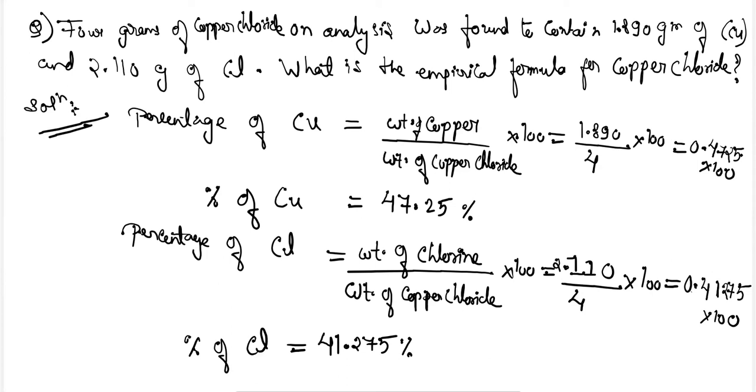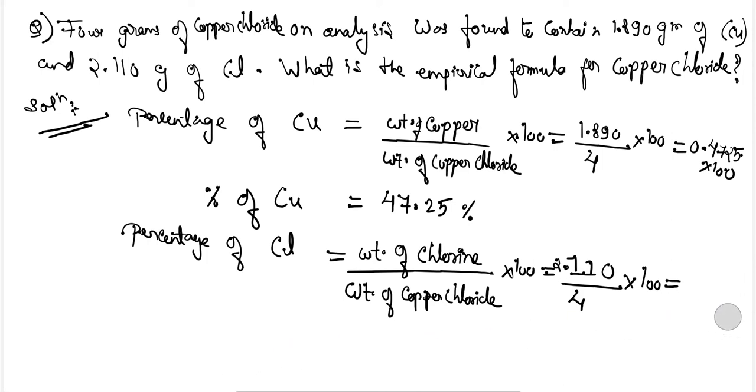Sorry, that's my mistake. The correct value is 52.75. So the percentage of chlorine is 52.75%.